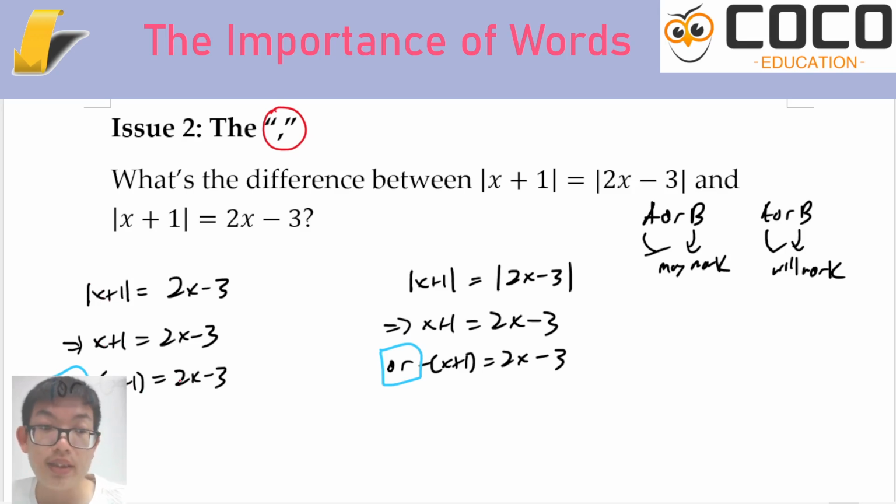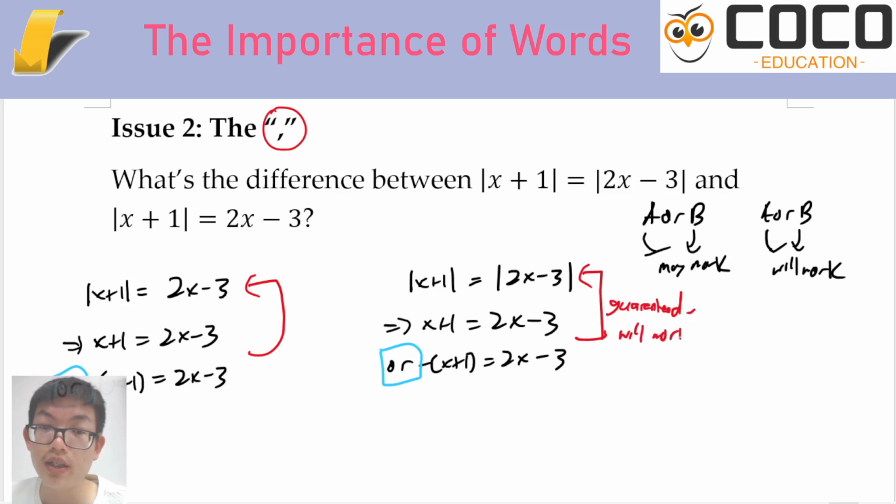But these "or"s are not going to be guaranteed solutions, whereas that "or" would be guaranteed solutions. So it's guaranteed will work, and these ones for me, they may work.